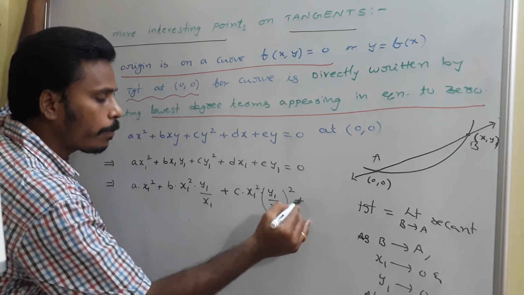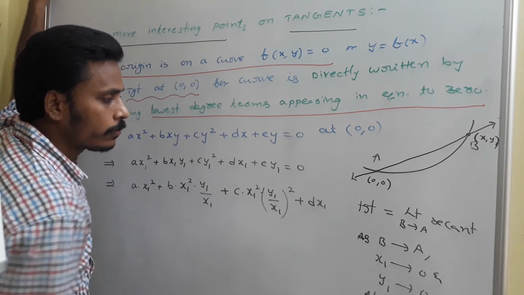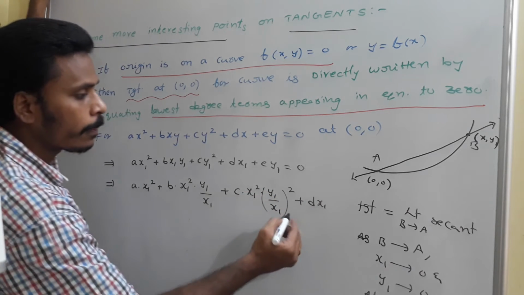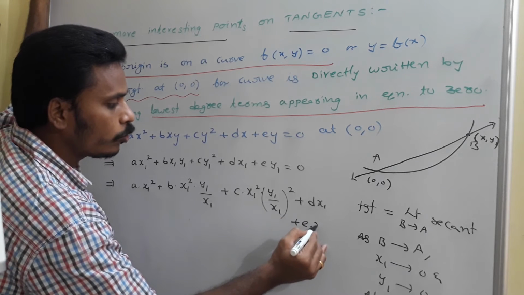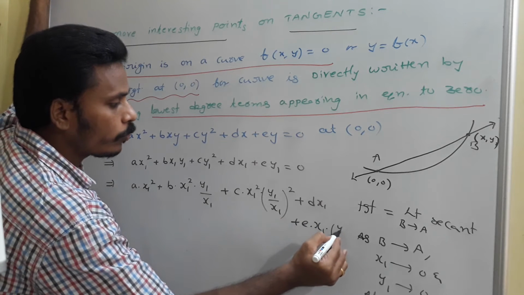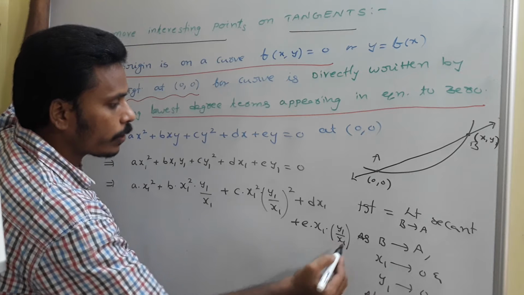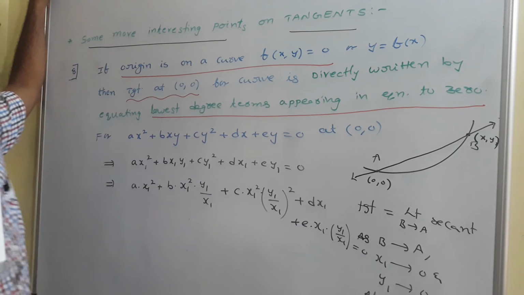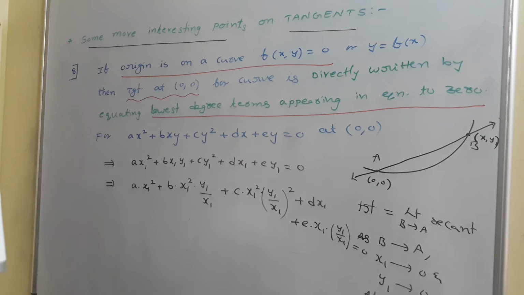Plus d x1. Plus e into x1 into y1 by x1 is equal to 0.